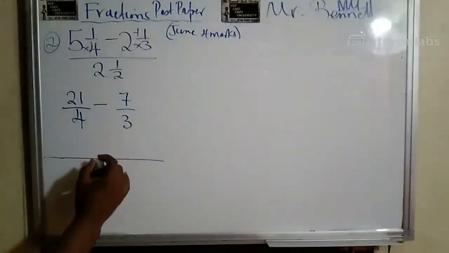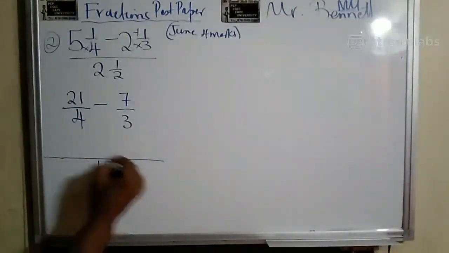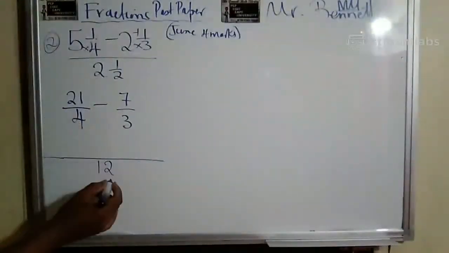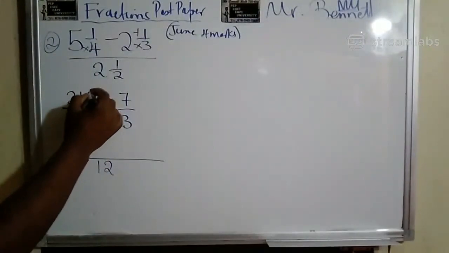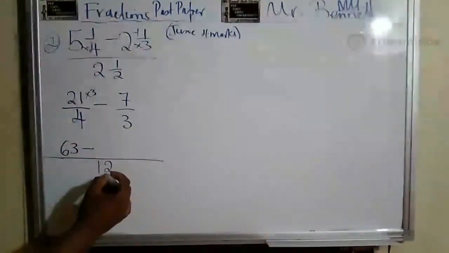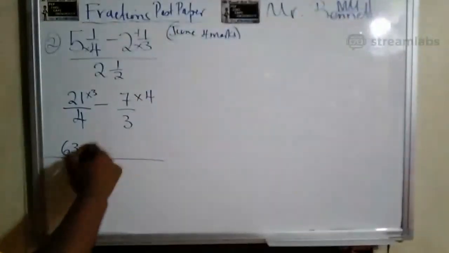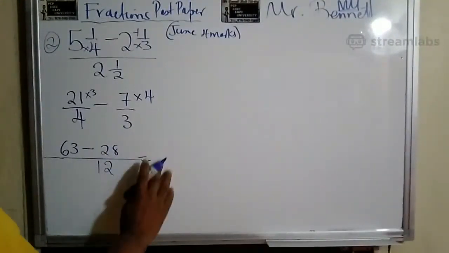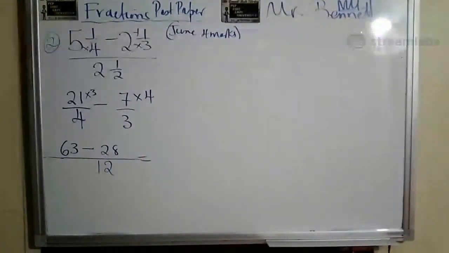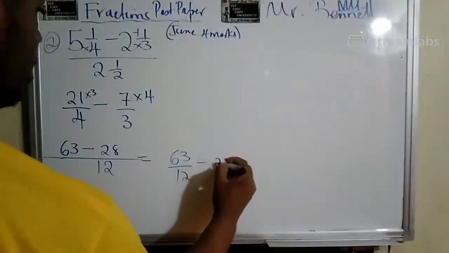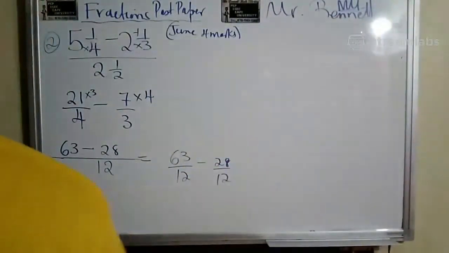So now we can say 4 times 3, that's 12. So the lowest common multiple would be 12, right? So 4 into 12 goes 3 times. So 3 times 21, that gives us 63, minus 3 into 12 gives us 4. 7 4s, 28. Now, as I did earlier, we can rewrite this as 63 over 12 minus 28 over 12, right?